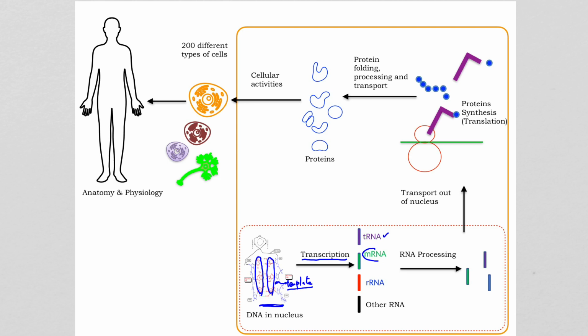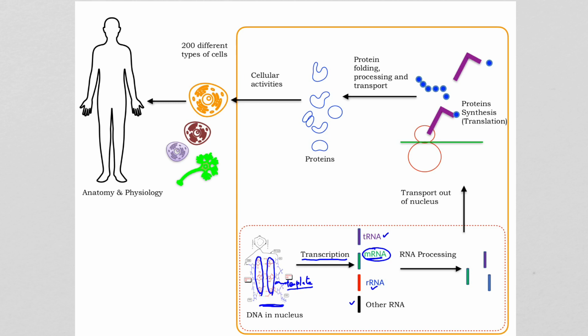This form called messenger RNA actually carries the information for the primary structure of the protein, while the other forms like tRNA and rRNA help in protein synthesis, while other RNAs help regulate gene expression.